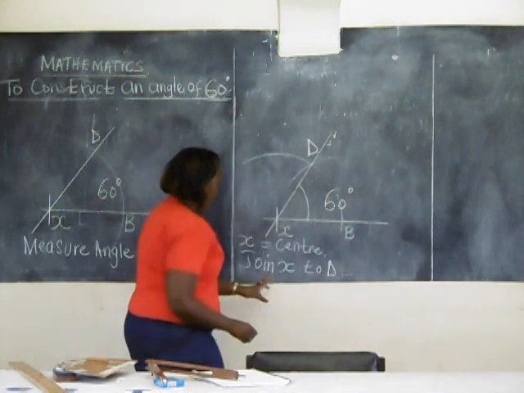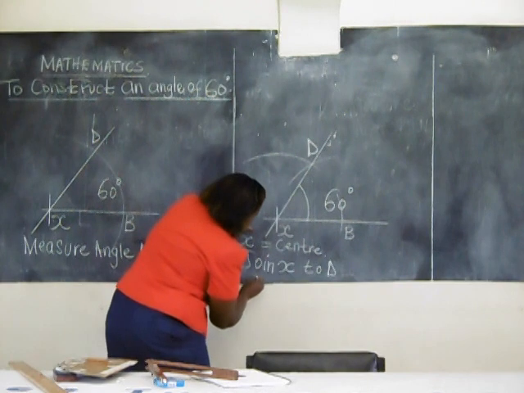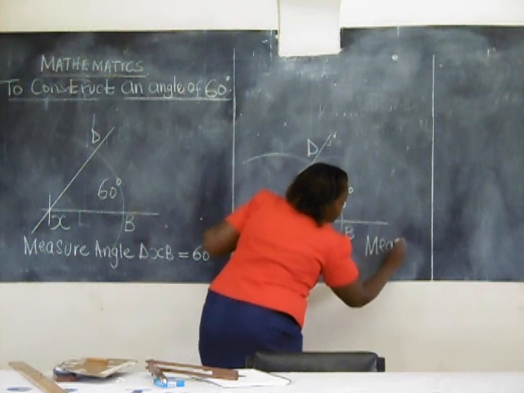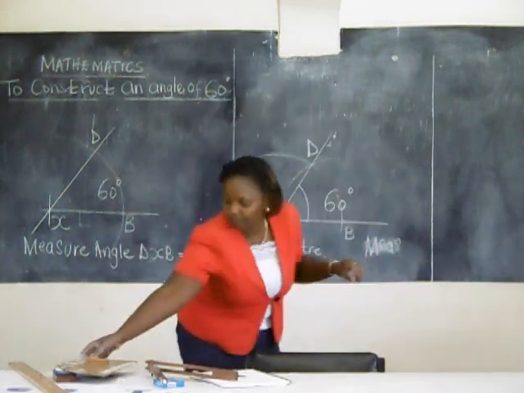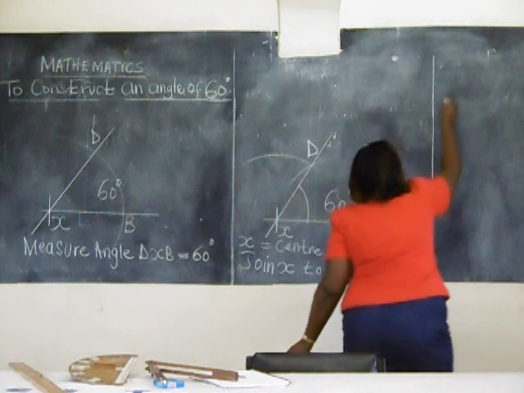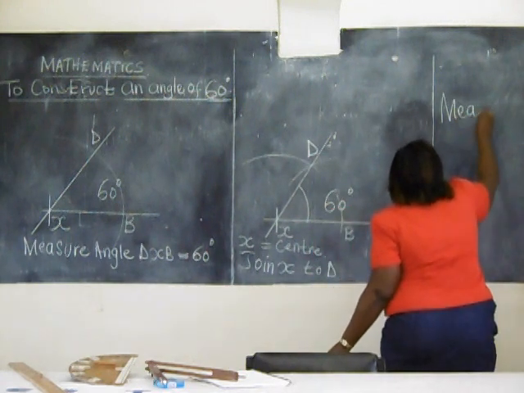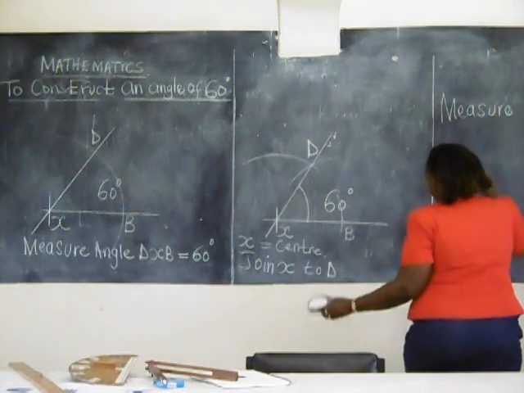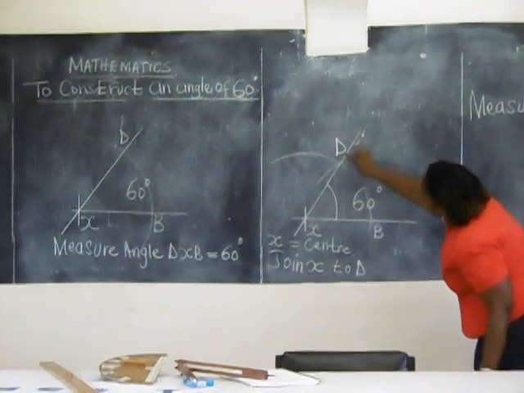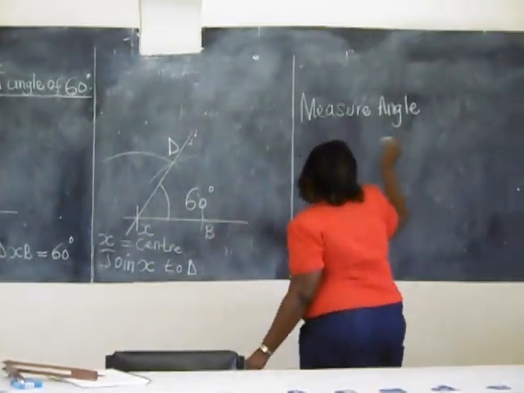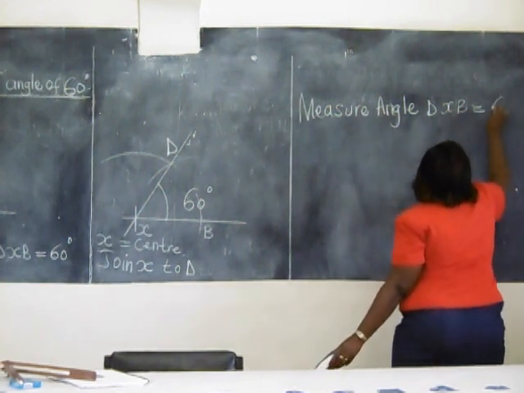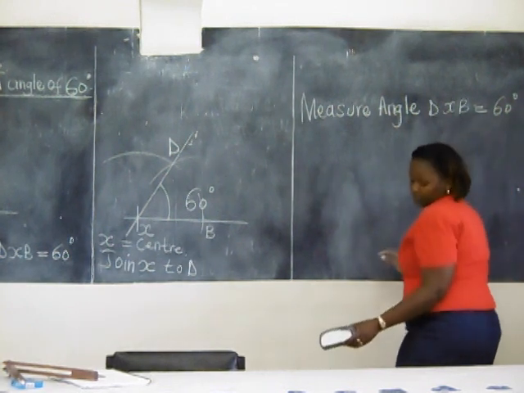Again, we have measured angle DXB, which is equal to 60 degrees.